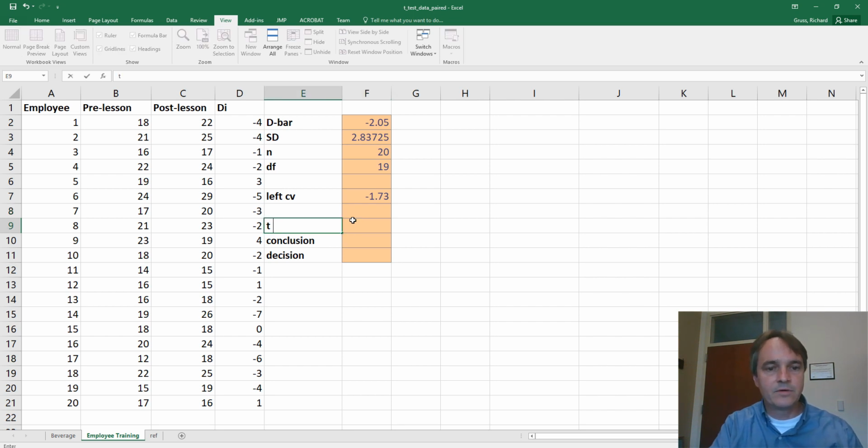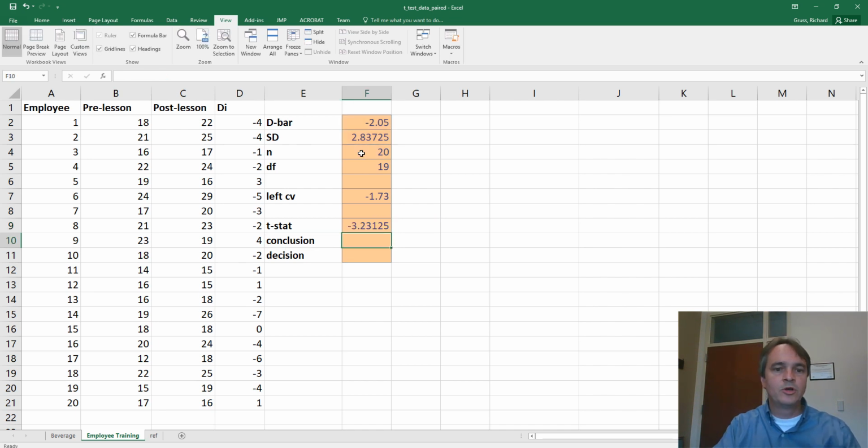Let's leave a blank here for our t statistic. This is going to be equal to our d bar divided by our standard deviation over the square root of the sample size. Do I have enough parens there?